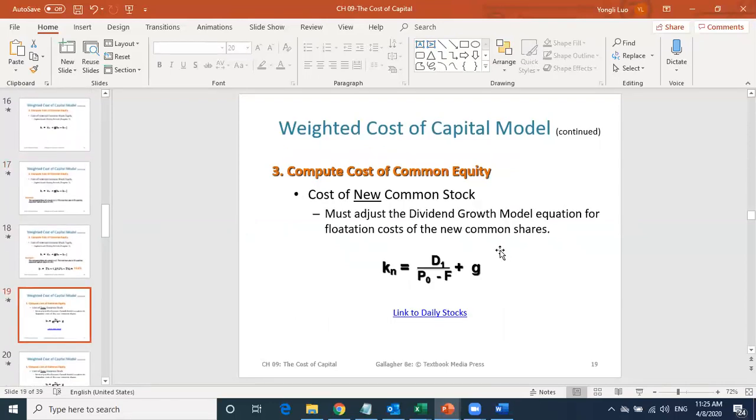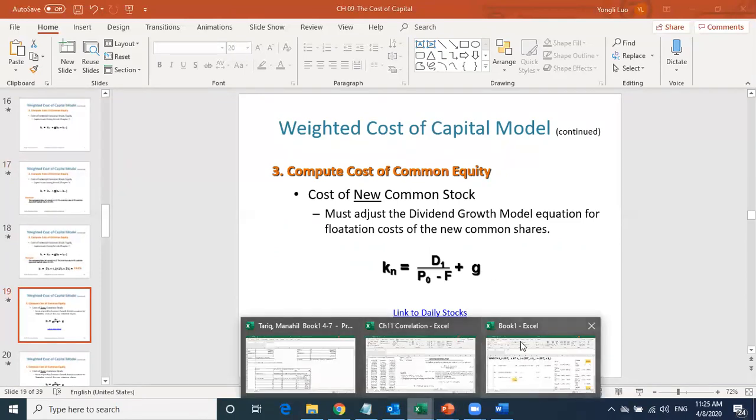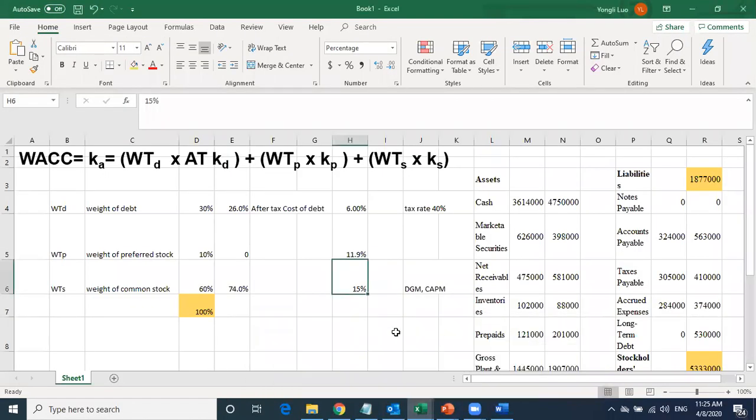There is another one we didn't talk about last time, which is if you issue new common stock. Debt has the lowest cost, then preferred stock is higher, and then common equity is even higher.